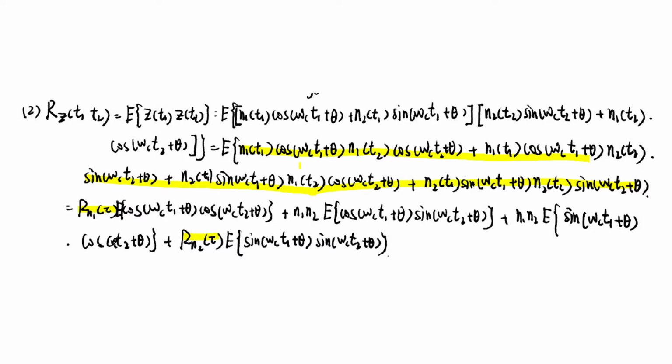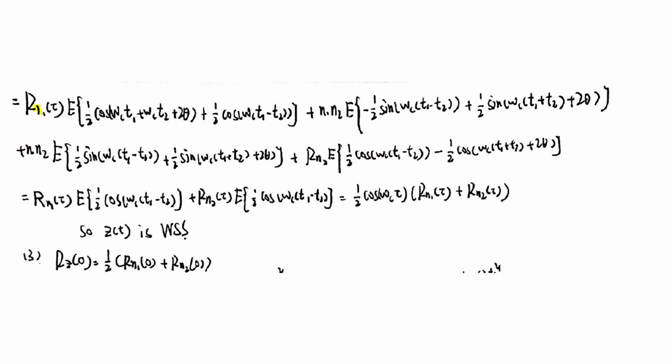So we transform the expression like this. For the rest, the cosine and sine part, we can just use the product-to-sum formula here to cancel the θ, and finally we can get this.